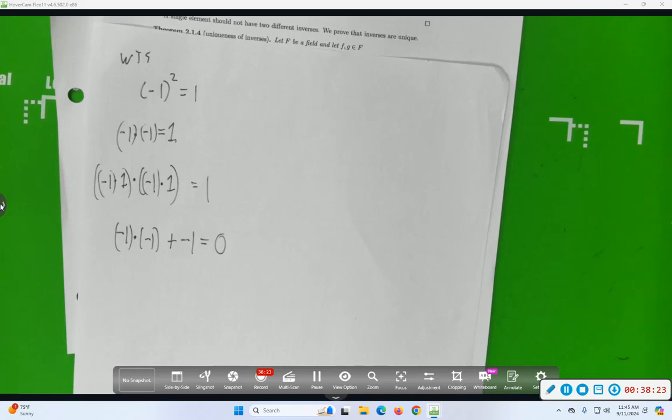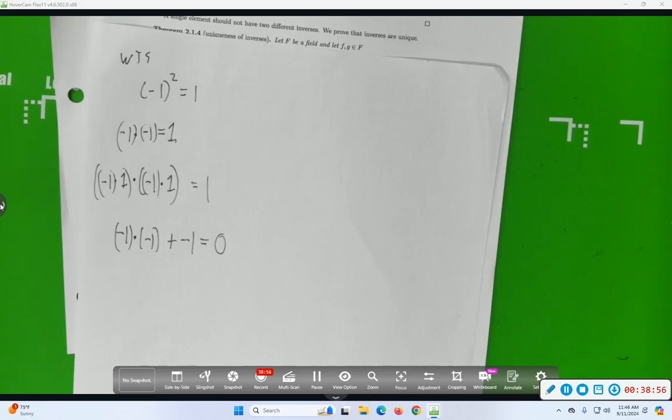All right. Does this make you think of anything? Maybe some factoring? I certainly see a -1 in both of those pieces, right?